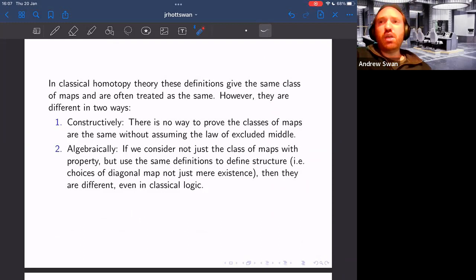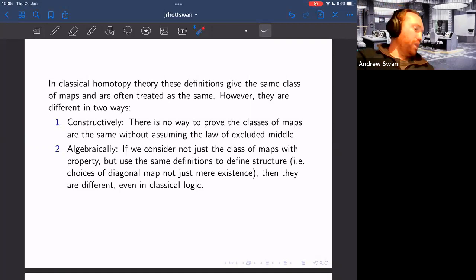But even though they're equivalent in classical homotopy theory, they're different from the perspective that I'm interested in, so type theory and constructive mathematics and constructive models of type theory. Okay, so there's two ways that these definitions are different.